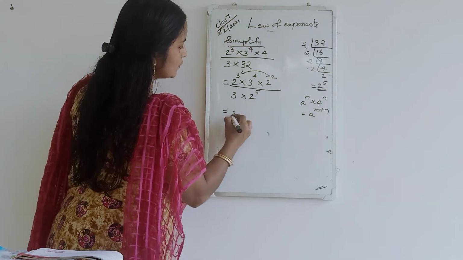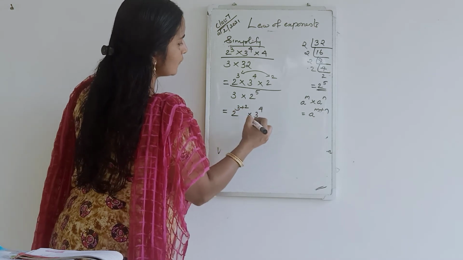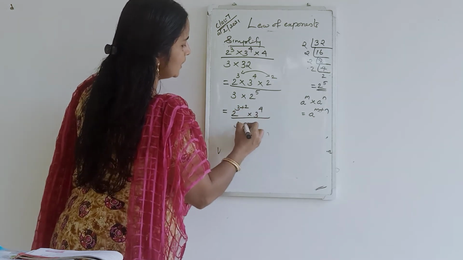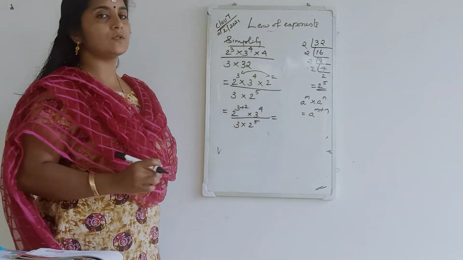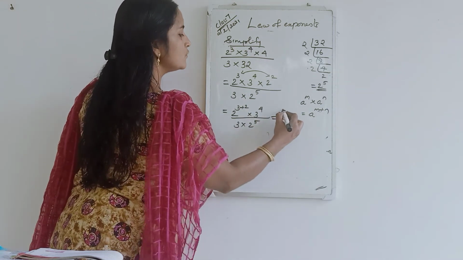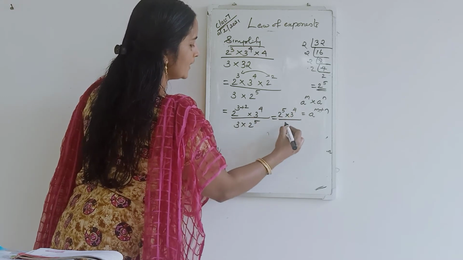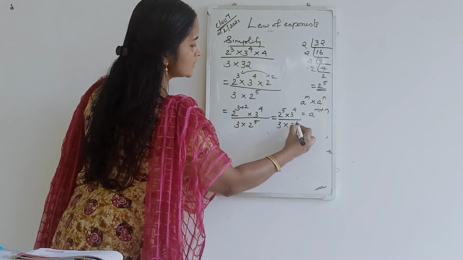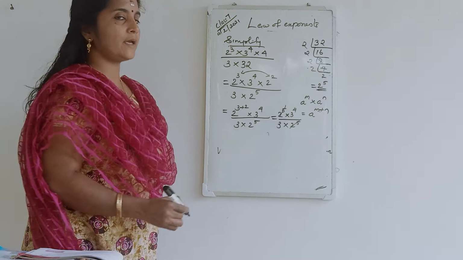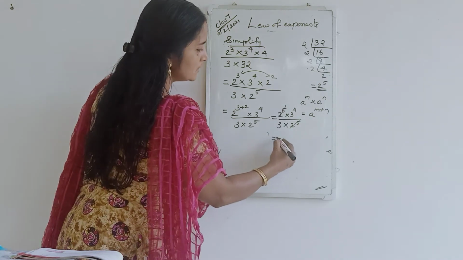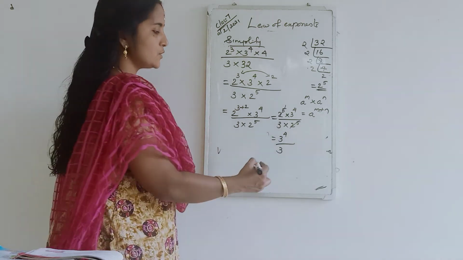So 2 raised to 3 plus 2 into 3 raised to 4 by 3 into 2 raised to 5, which is equal to 2 raised to 3 plus 2, that is 2 raised to 5, into 3 raised to 4 by 3 into 2 raised to 5. Okay, so 2 raised to 5 and 2 raised to 5 cancel. We get 3 raised to 4 by 3. 3 means 3 raised to 1 itself.